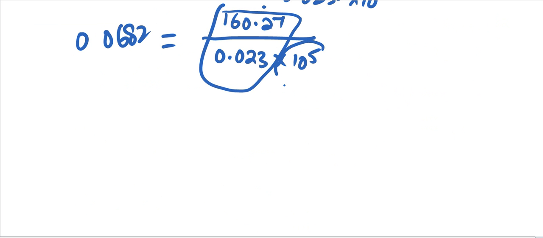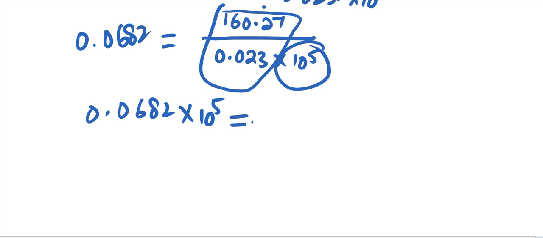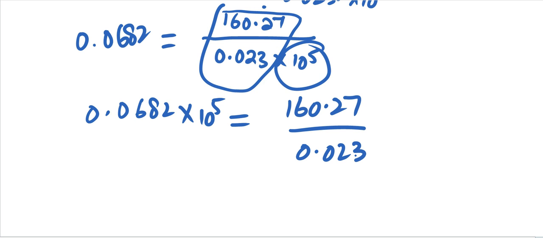So we have this extra number. If I move this here, it will become multiplication. So 0.0682 times 10 raised to the power 5 will be 160.27 divided by 0.0235. The power is 5 here, and I want to remove this 10 raised to the power and bring it to ordinary form.